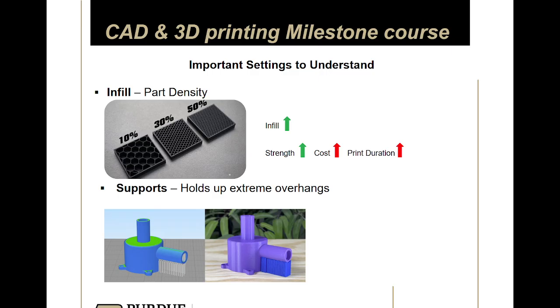So if you ever encounter a situation where you have some kind of overhanging area, it might be a good idea to add some kind of support material. Supports are basically a sacrificial amount of material that you print underneath to support the thing that you're printing. It's kind of implied in the name, but it can be useful in a pinch.